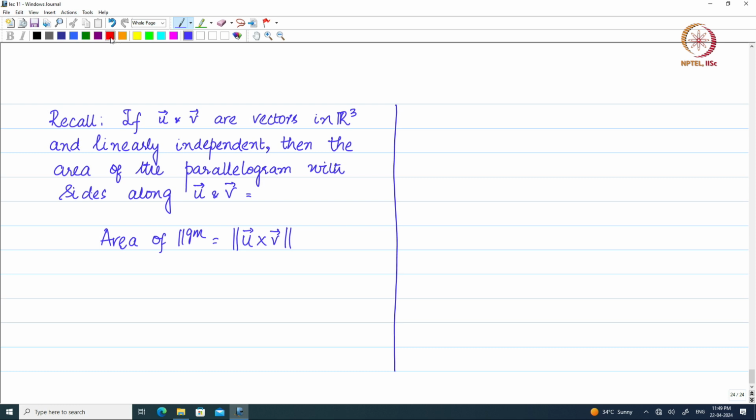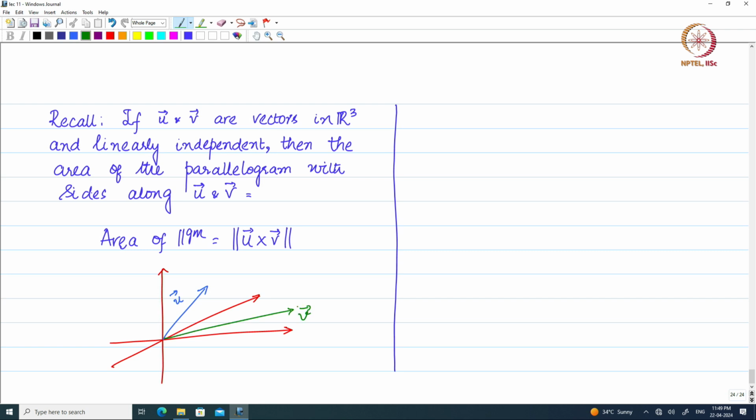So the parallelogram basically was something like this. Say we had the coordinate axes, x1, x2 and x3. Assume that I had a vector, say this is the vector u, and another vector which was v here.